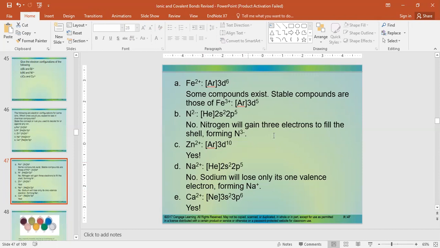For calcium, that is what you expect, because, no, calcium is supposed to be a d10. Is it a d10 somewhere? No, yeah, calcium is p6, because it was a 3s2, and then that 4s2, sorry, 4s2 disappeared in the formation of calcium 2+.